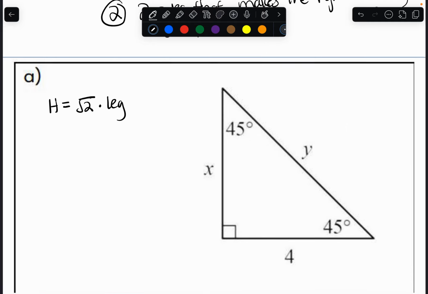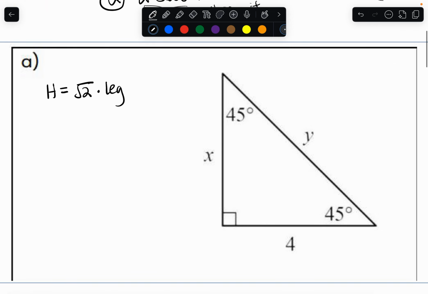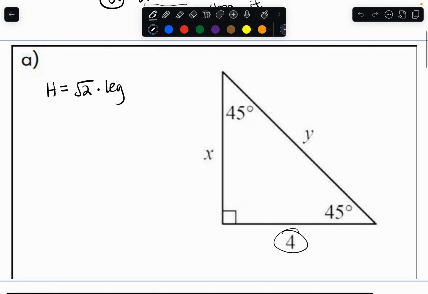From before, I know that if it's a 45-45-90 triangle, then the two sides that make the right angle will be the same. So if this is 4 right here, then the other side that makes my right angle must also be 4. So right off the bat, I know that my x here equals 4.